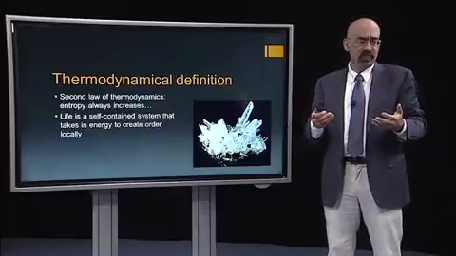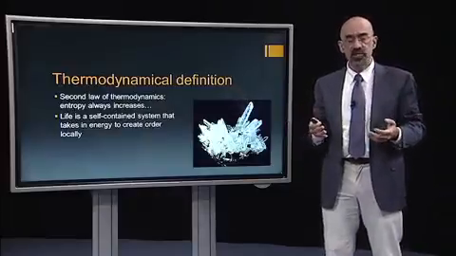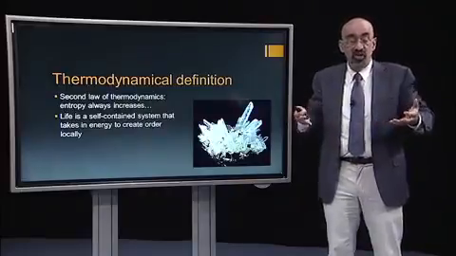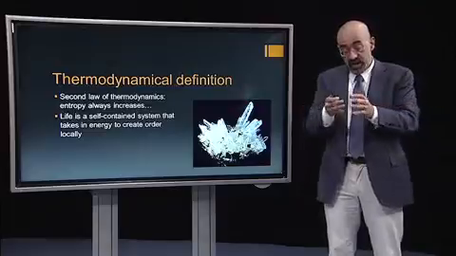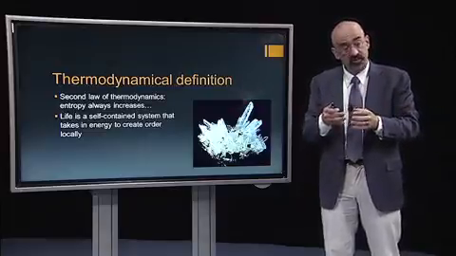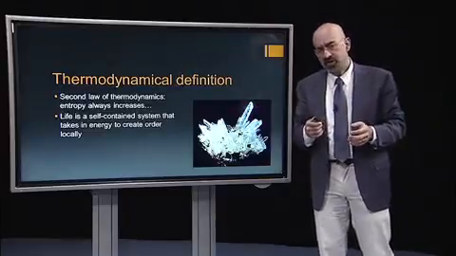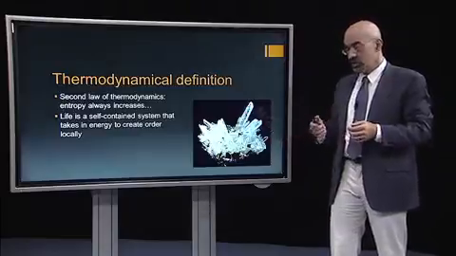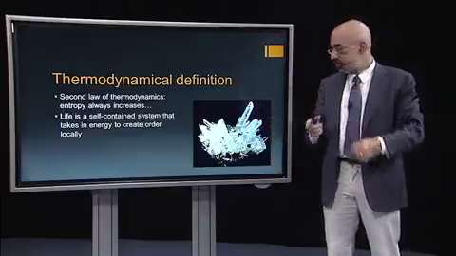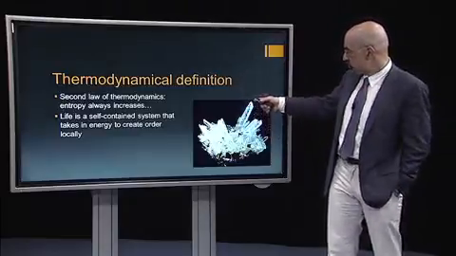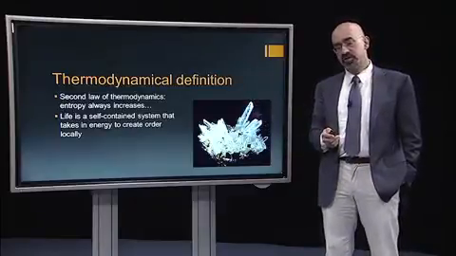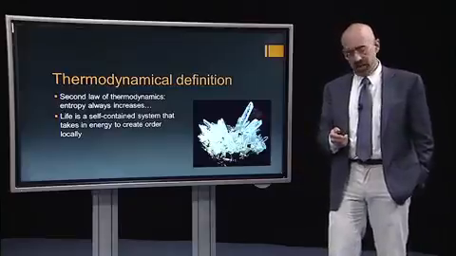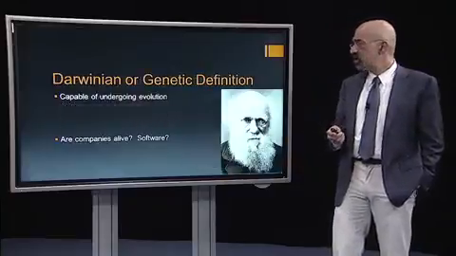To be more prosaic in my language, you could think of life as something that generates heat so it can survive. And by surviving, it creates a local organized structure. The problem with that definition is that crystals, which grow locally and produce highly ordered structures, would seem to satisfy this thermodynamic definition and would seem to be alive.